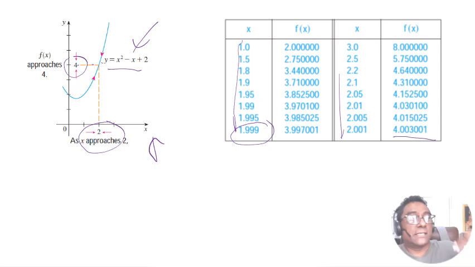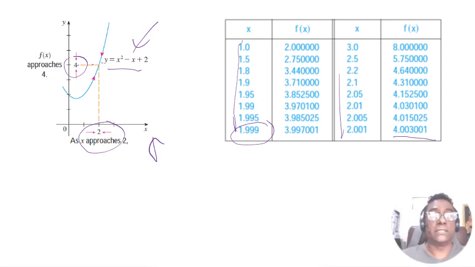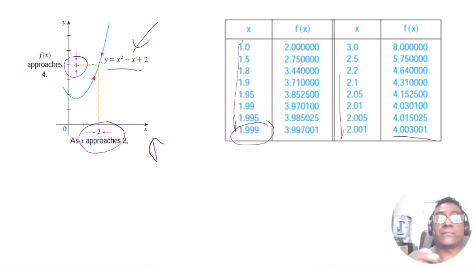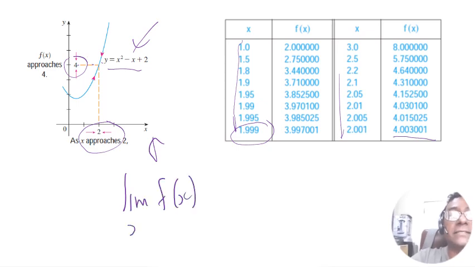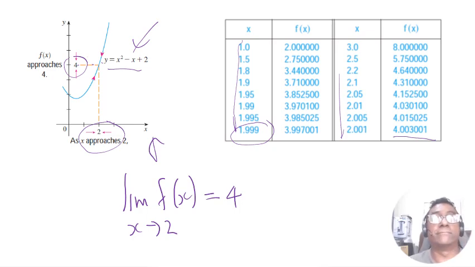So we say that as x approaches 2, either from the left or the right, because if you look at the blue curve, it's smooth, it's continuous and well behaved, then the function approaches the value of 4. So in compact notation, we can write the limit of this function f of x as x approaches 2, because of its smoothness and continuity, is 4. Okay, pretty straightforward. The limit of f of x as x approaches 2, not equal to 2, is equal to 4.